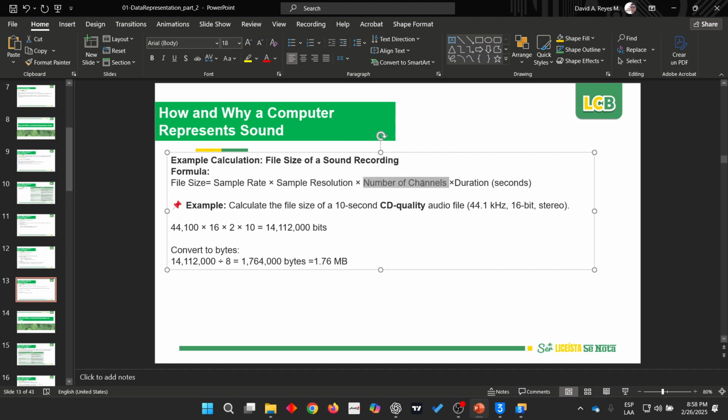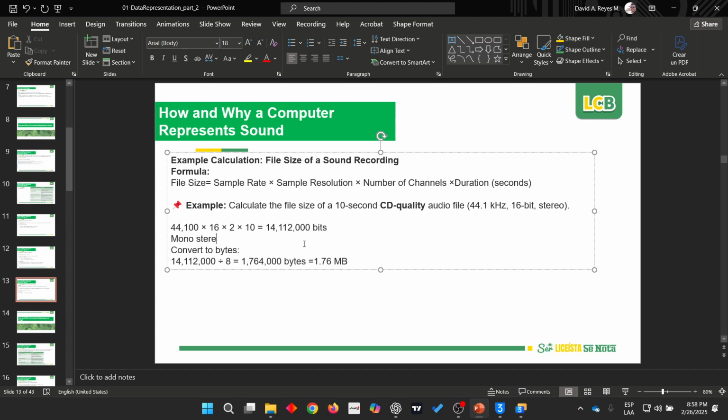The number of channels, and the duration. The number of channels means whether you are using mono audio or stereo audio.